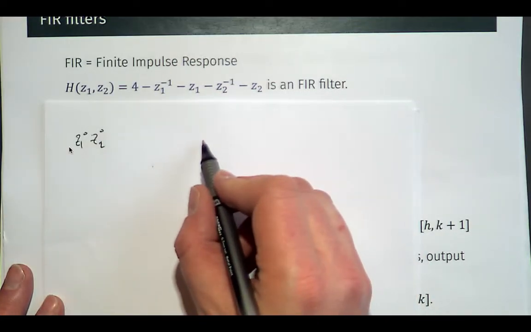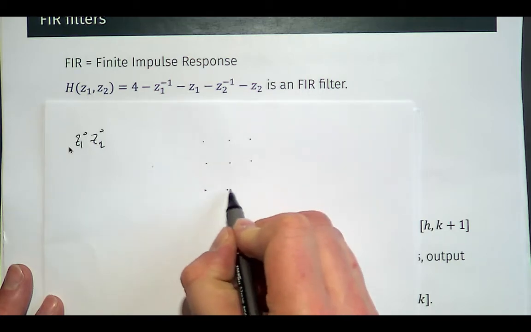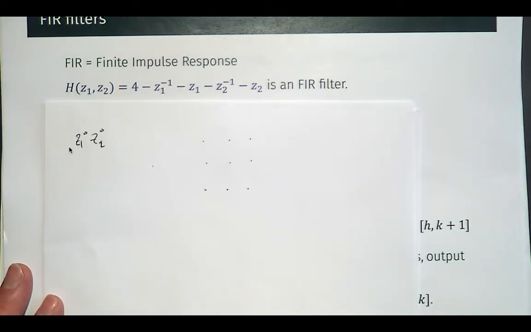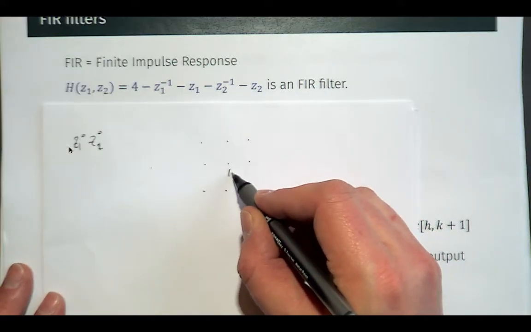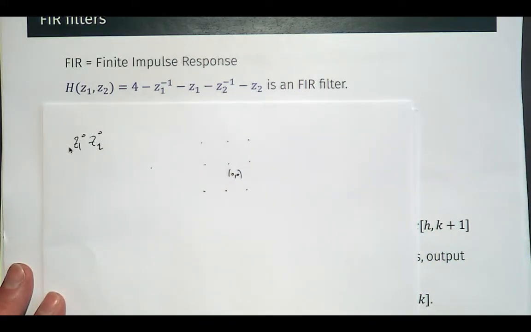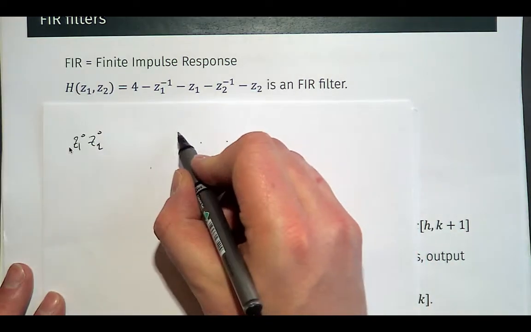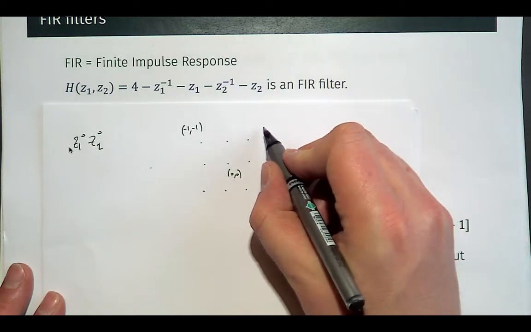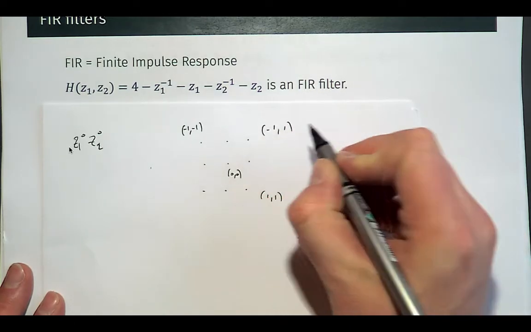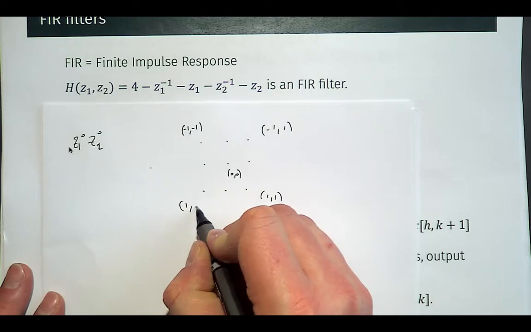I know here for a fact that this will require a 3x3 mask. And I'm going to assume that the central coordinate is 0, 0. And then here is -1, -1, 1, 1, and that would be -1, 1, and it would be 1, -1. Okay.